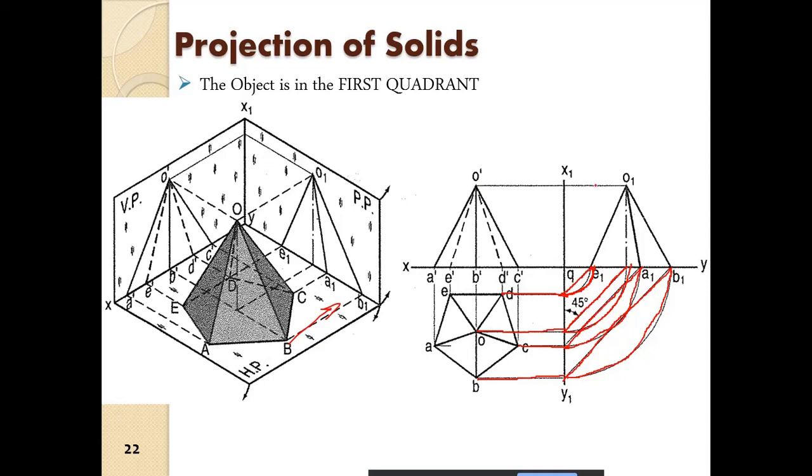Then obviously there is only one point in the side view over here, and from there you join the points.